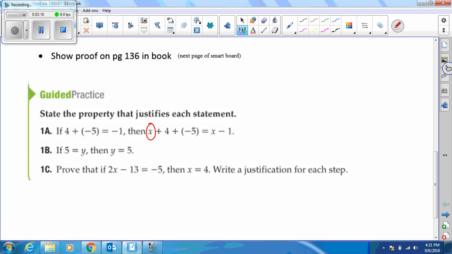So you should notice that this is what's added to both sides. So this would be the addition property of equality. Okay, 1B is y equals 5, or 5 equals y, and y equals 5, where you can flip these. This is the symmetric property.